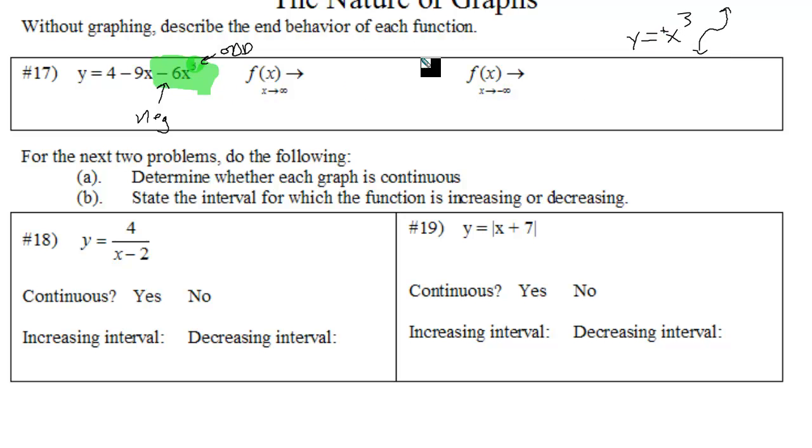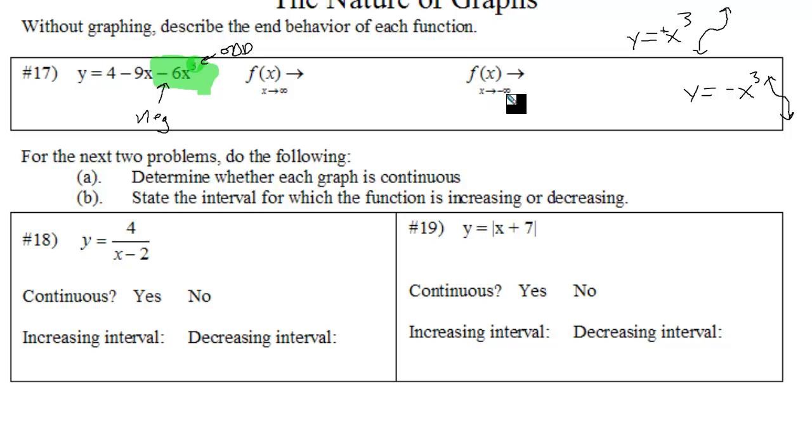This says negative. So y equals negative x cubed is the same graph as that, but it's reflected over the x-axis. The end behavior that you can see here from y equals negative x cubed is the same end behavior that you would have from this mess.